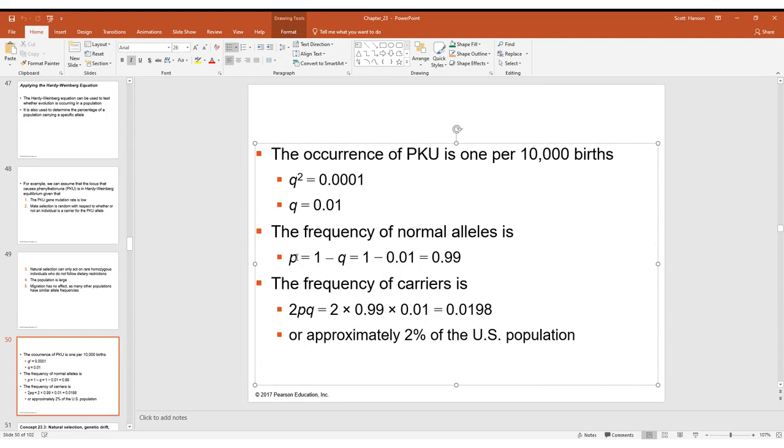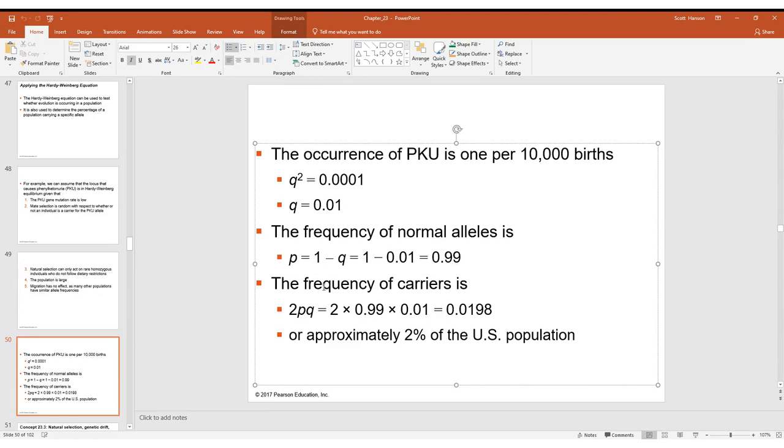So if P plus Q equals 1, that means if you solve for P, then P equals 1 minus Q. And we already know that Q is 0.01. So then 1 minus 0.01 actually gives you 0.99. So therefore, the frequency of P in the population is 0.99.